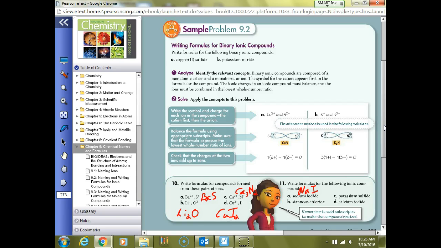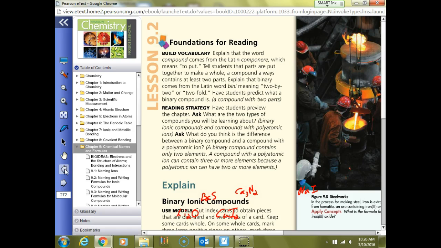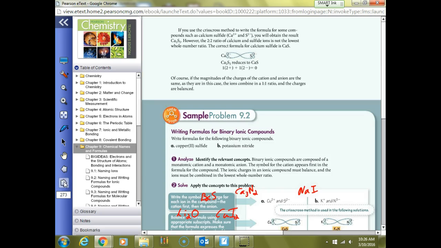Stannous chloride. I'm trying to remember. This is the classical naming system. I will not give you one like this because I said we are going to use the stock system. You know what? I'm skipping that one.